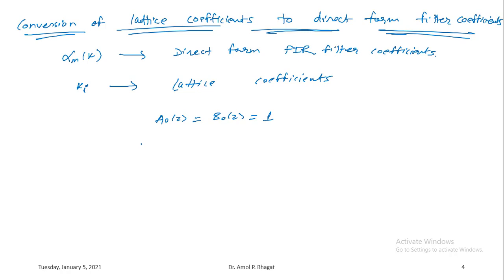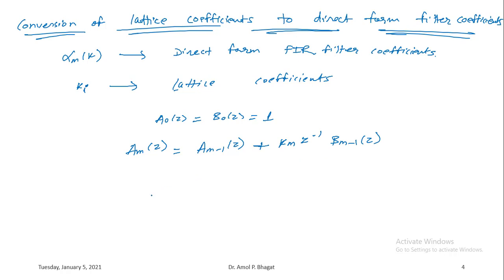And from this a0 of z, you can identify a1 of z or am of z. That is, a1 of z will be equal to a0 of z, am minus 1 of z. A0 of z is nothing but am minus 1 of z plus km z inverse bm minus 1 of z.